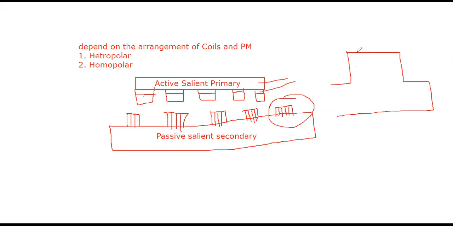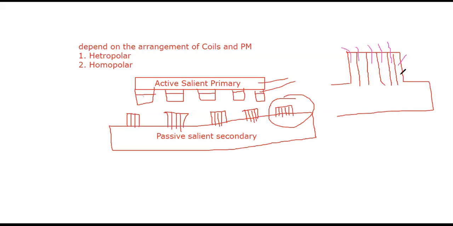Now I am going to have a separation such that this entire part is made up of a ferromagnetic material, whereas this part is made up of a non-ferromagnetic material. Again, this part is ferromagnetic. Here, non-ferromagnetic. Here, ferromagnetic. Here, non-ferromagnetic.